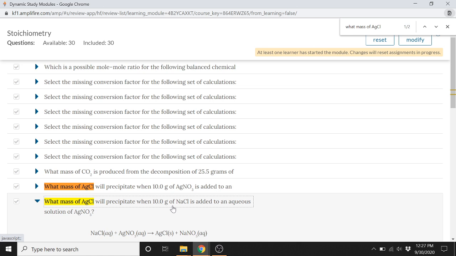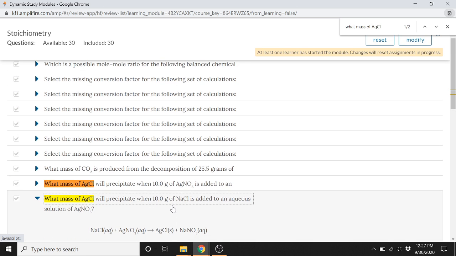So the 10 divided by the 58, whatever. It's going to be some sort of fraction, a decimal, and that will be moles of NaCl. Okay, so once you have moles of NaCl, how are those related to AgCl?